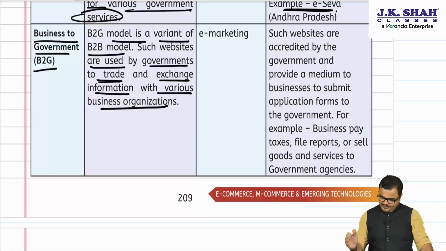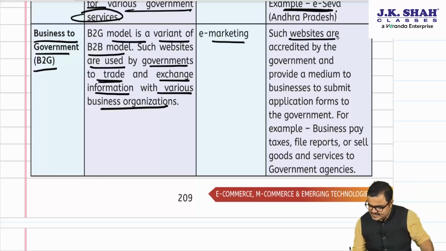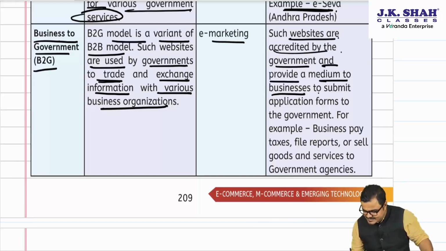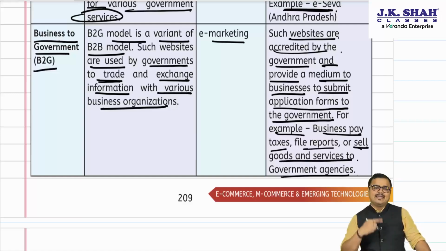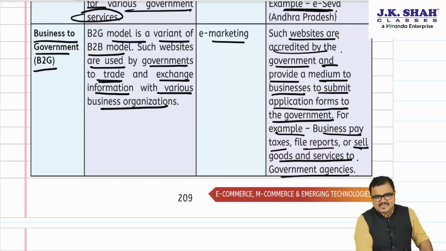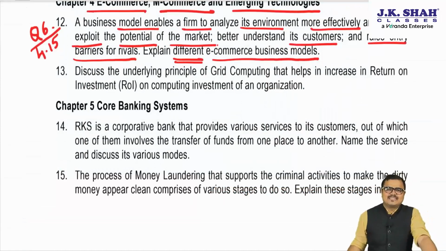Am I very clear to you? Yes, sir. E-marketing: such websites are accredited by the government and provide a medium for businesses to submit application forms to the government. For example, businesses pay taxes, file reports or sell goods and services to government agencies, as I had already specified. Am I very clear to all? Yes, sir. Now moving towards the next question.